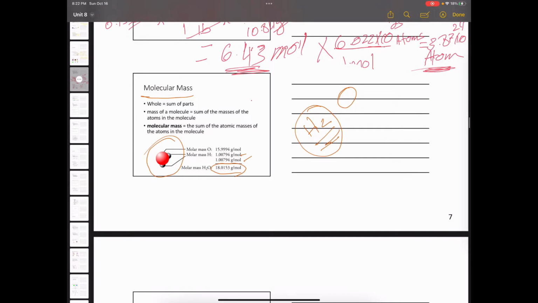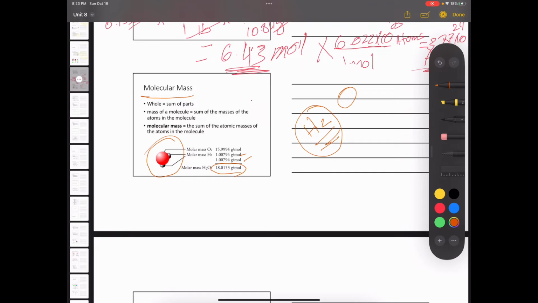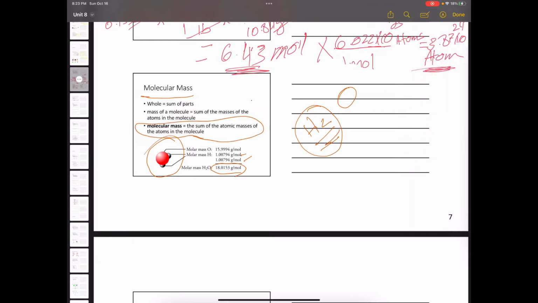In general, the molar mass, or the molecular mass in this case, because we're talking about the water molecule, which is a covalent bond molecule, basically means the sum of all the atomic masses of the atoms in that molecule, as you see in the definition right here. So that's when we're talking about covalent compounds.